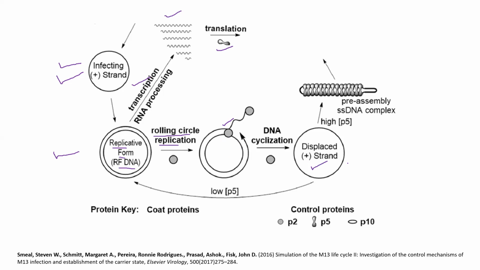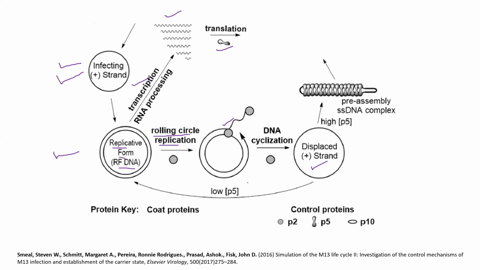What happens next once this single-stranded circular plus strand is made? The next step: whether this single-stranded DNA will go for the formation of double-stranded DNA, that is replicative form again, or this single-stranded DNA would be packaged and the assembly process would begin.